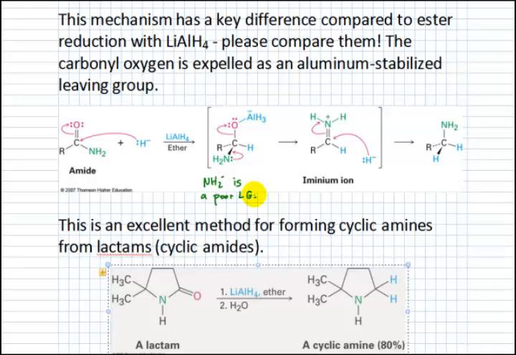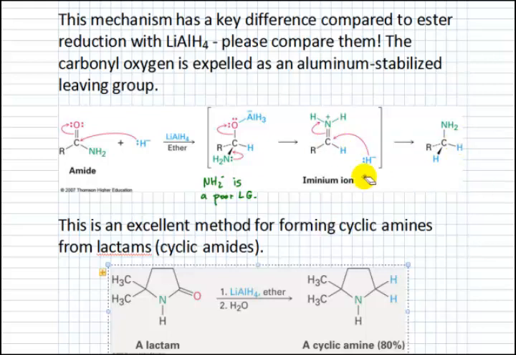They're tough reactions. So since NH2 minus is such a poor leaving group, it actually kicks out the O aluminum, an aluminum stabilized O minus. If we look carefully at what we get here, that makes a CN double bond, which hydride can add to again, giving us an amine.